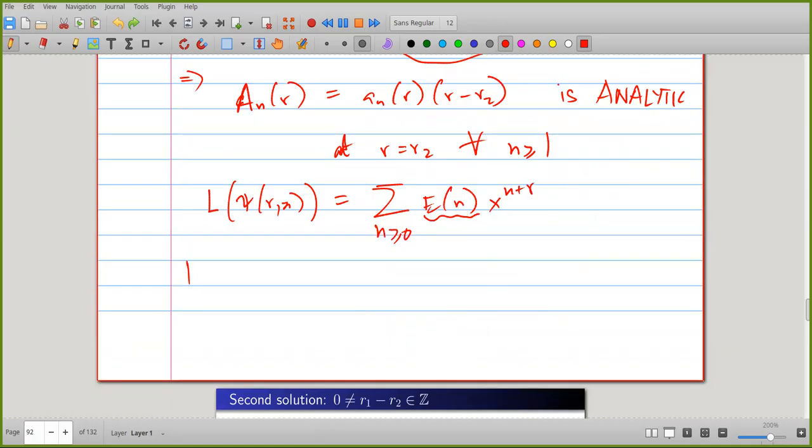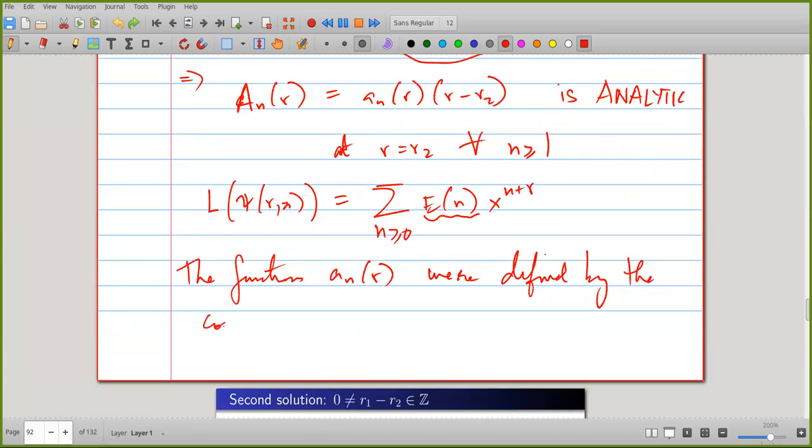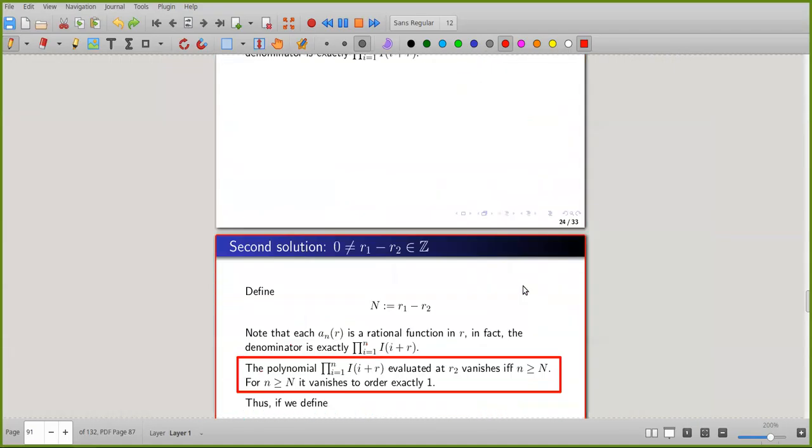And the functions a_n(r) were defined by the condition E_n equal to 0. Right? So only E_0 remains. So I hope that is clear.